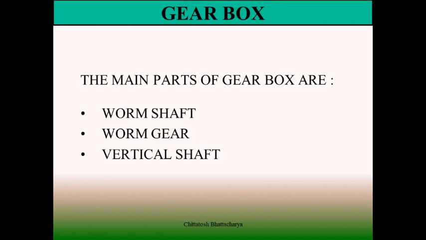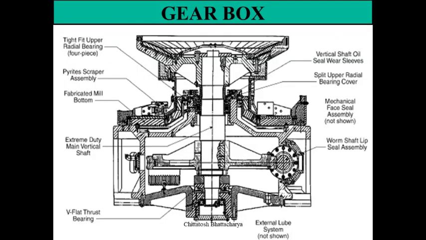At the bottom of the scraper assembly we have rolling contact bearings, and at the bottom there is also a thrust bearing, on which the vertical shaft is resting on the gearbox bottom housing.